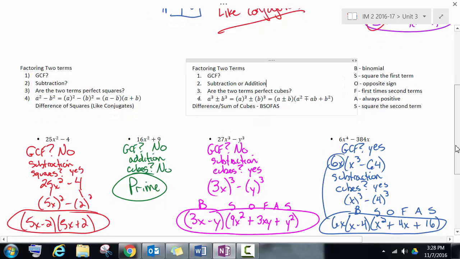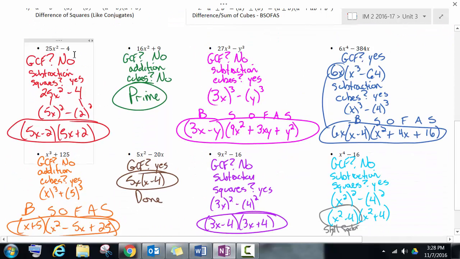So let's do some problems. So 25x squared minus 4. Is there a GCF? No. Is it subtraction? Yep. Are they perfect squares? Yes. 25x squared is 5x squared, and 4 is 2 squared. So squared means 2. So I'm going to write 5x and 5x in both of them, and 2 in both of them.